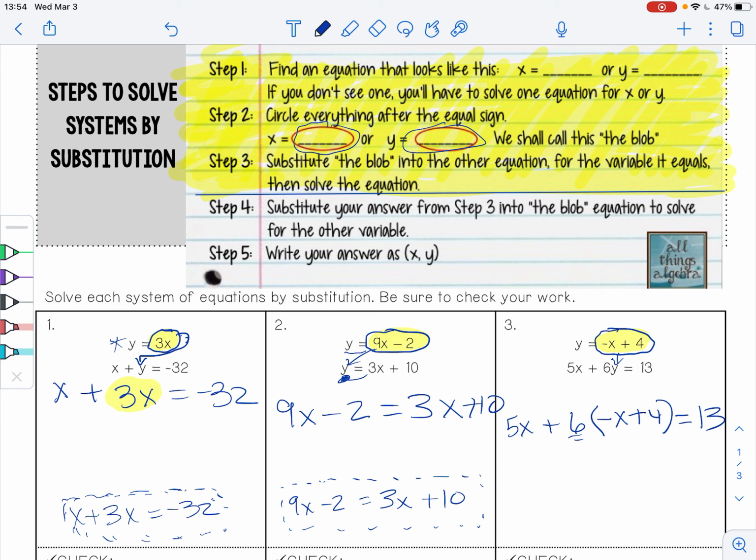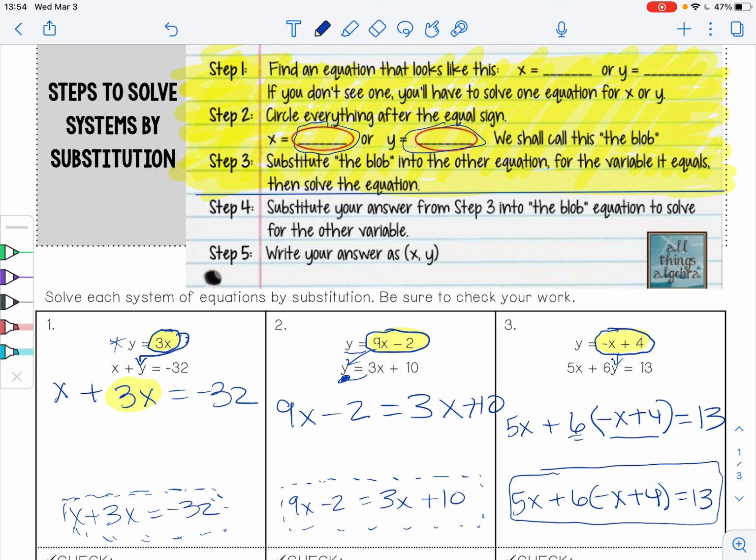The only thing that changed was we got rid of the y and put in negative x plus 4. Notice I don't have any y's left in my equation. So in my dotted box, I'll put 5x plus 6, and be sure you put your parentheses, minus x plus 4 equals 13.